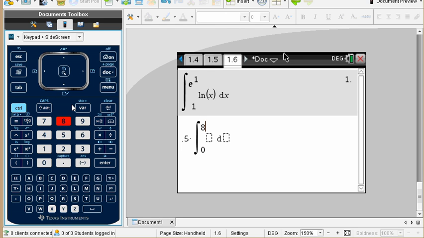And we come over here and we parenthesize, we put 2 minus x over 4. And we're going to square this. Yes, dx. So we should be good right here.